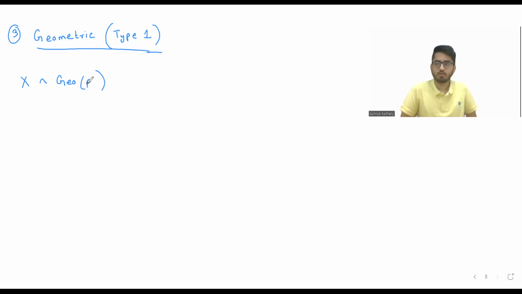Next line, the random variable of interest is the trial on which we get our first success, or the number of trials that has to be performed to get first success.